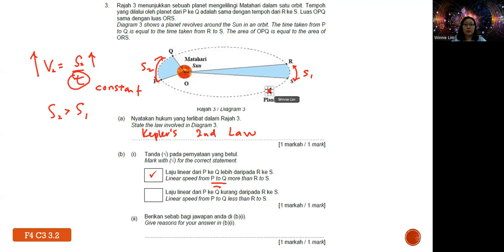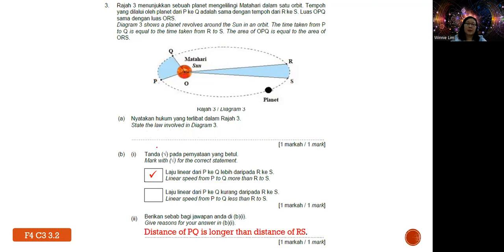Basically, they move around, and whenever they reach nearer to the sun, they travel faster, then they slow down when they are further away, then faster again, then slow down, then faster. The reason, like I mentioned, is that the distance PQ is longer than RS.